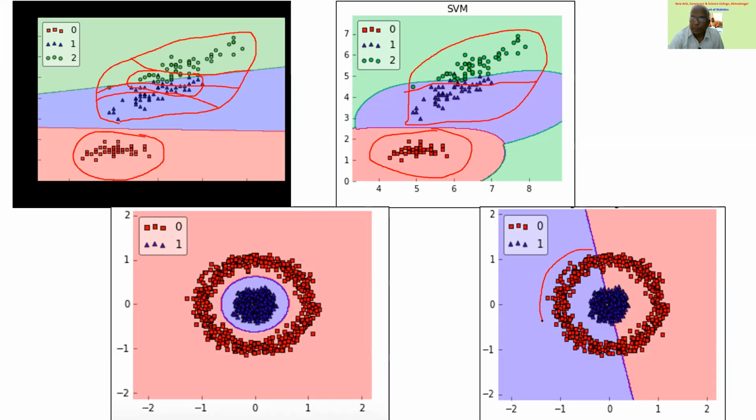That means this data maybe belongs to one category, and this data maybe belongs to another category. So even though they have the same properties, still their categories differ. Here also, you can separate them and you can find that this is of one category, this is of the other category. Whereas it is not the case in the other figure.